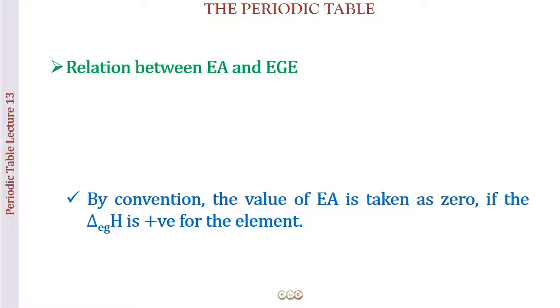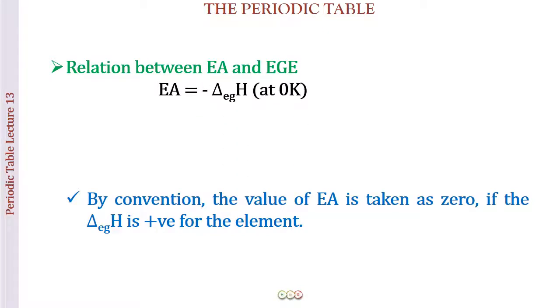So now let us see what is the relationship between electron affinity and electron gain enthalpy. I told you both of them are used interchangeably, but there is a slight difference in their meaning. First of all, electron affinity is just the tendency of the element to accept an electron in its atom, whereas electron gain enthalpy is the energy change related to that acceptance of an electron.